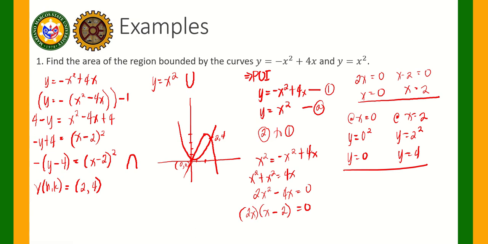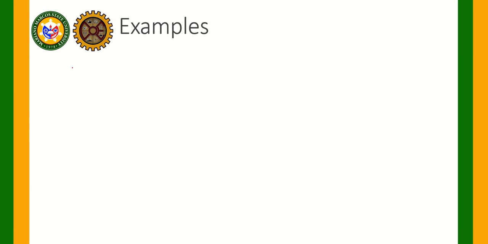Now, ano yung strip na gagamitin natin? Let's redraw yung curve natin dito. Oo, opens upward pala siya. Okay, this is one of our curves. Tapos yung isa naman is dapat na-touch na yung vertex natin.